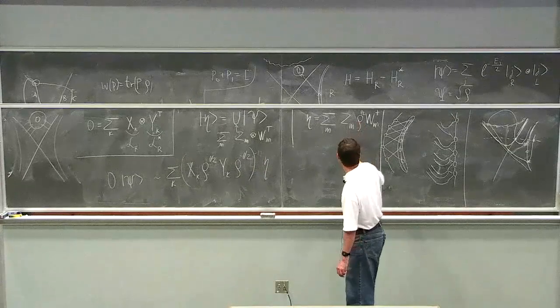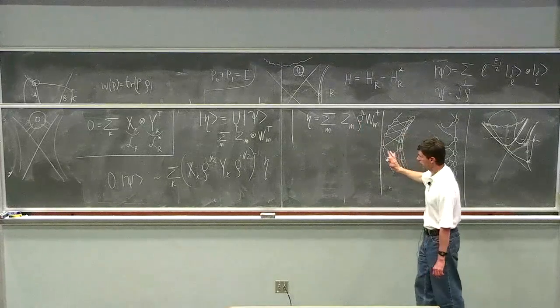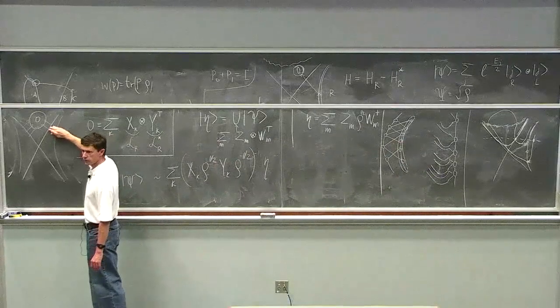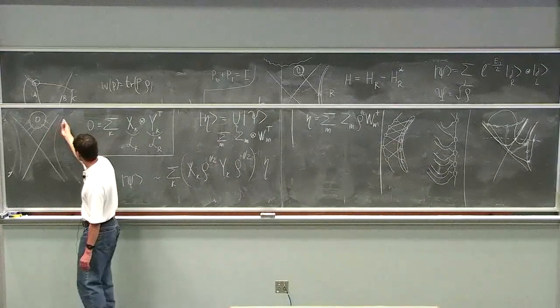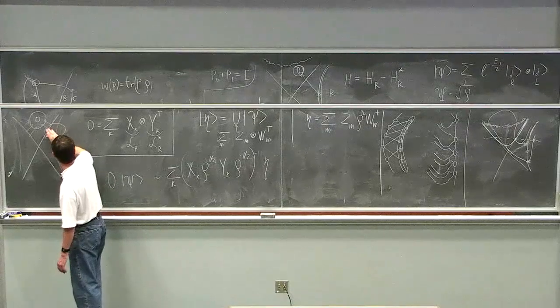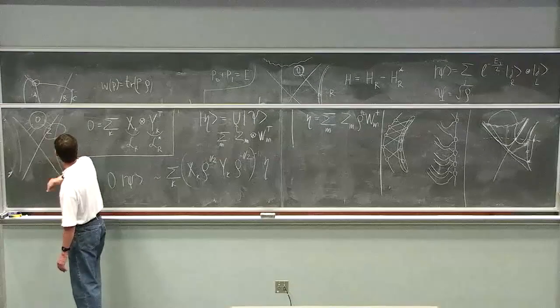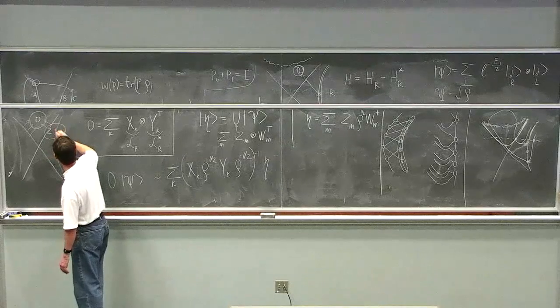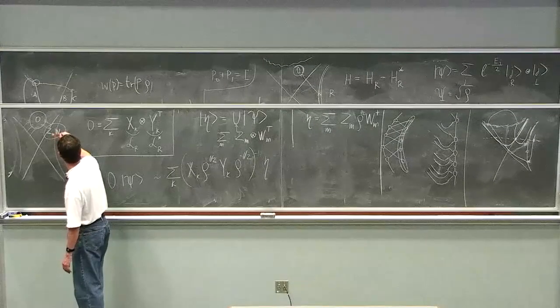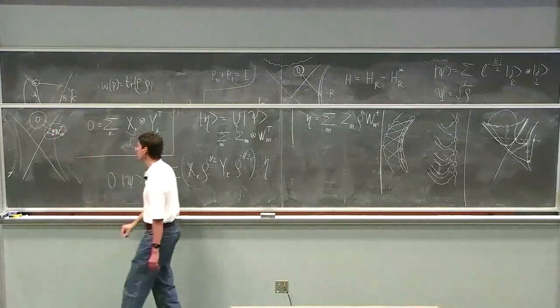And that's because Z acts on the physical degrees of freedom. So U is an operator acting here, and it consists of Z acting on the physical degrees of freedom and W acting on the qubits. That's what it does.